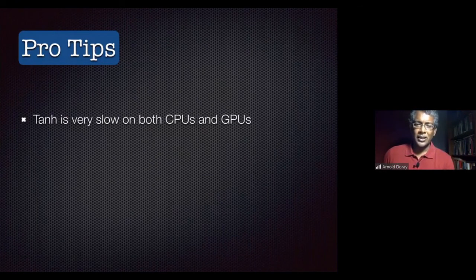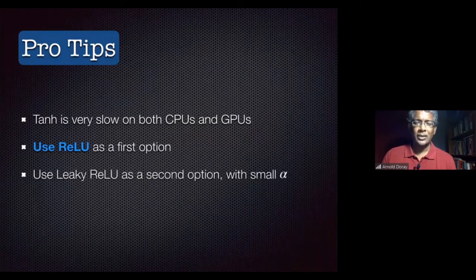GPUs are the high-end processors that we use for this course online to do the network training for you. No matter how you paint it, it's slow. So always use ReLU as your first option, and use leaky ReLU if you're not getting good results. You can try something else, and try tanh if you have the time.